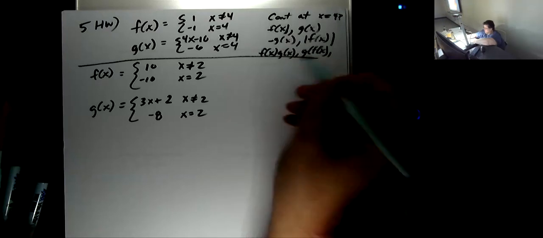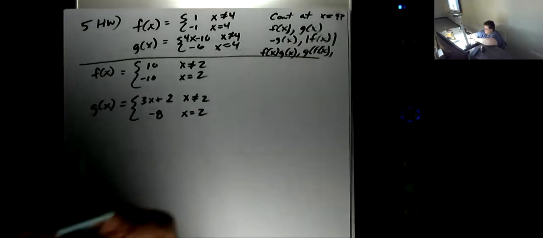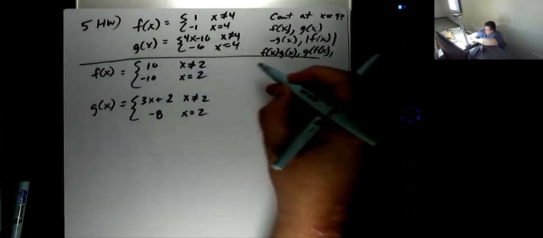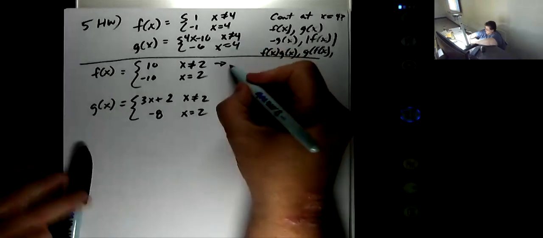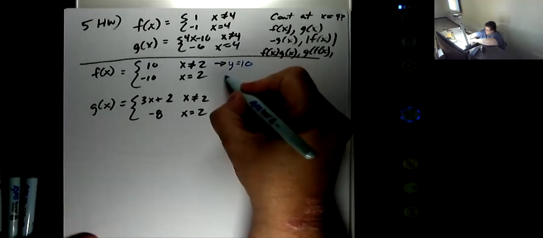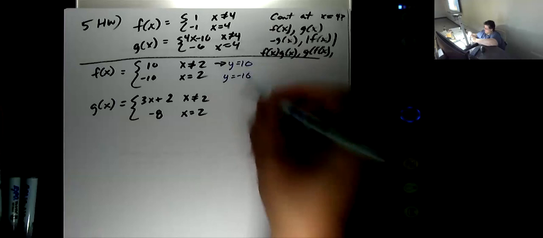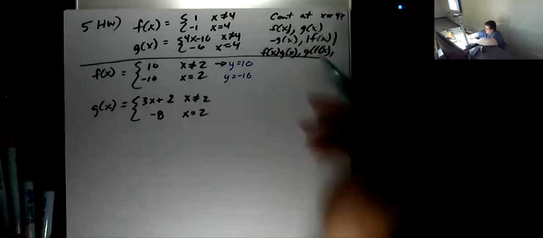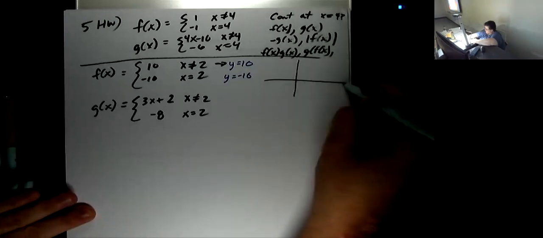So this is when x doesn't equal 2, this is just f of x equals 10, which is the equivalent of y equals 10. And this is y equals -10. So we have a graph.